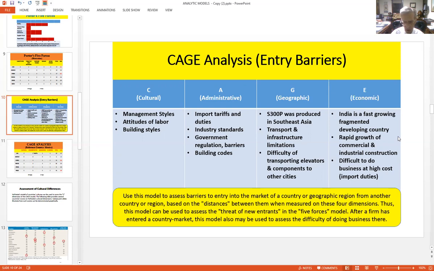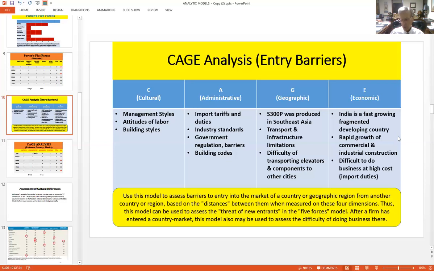And in each of those cases, he's referring to the distance between countries. So if we're in the United States and we want to sell our products in Italy or China or Russia or India, what kind of distances are we going to deal with here?